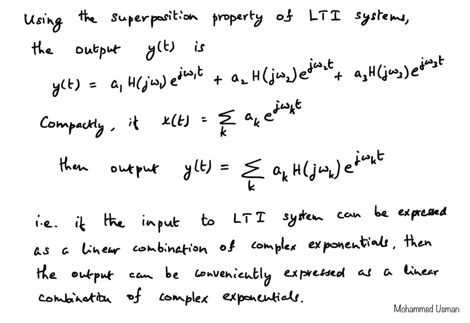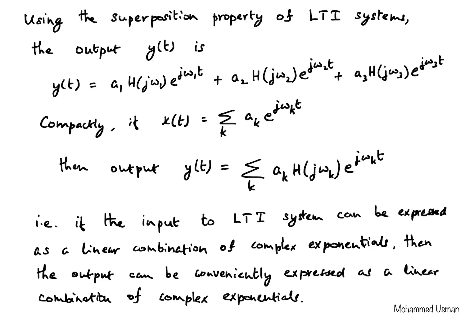If you had more terms, you would have a4, a5, and so on. Correspondingly, the output will be the summation of these terms: a1 H of j omega 1 e power j omega 1t plus a2 H of j omega 2 e power j omega 2t, and so on and so forth for all the values of k that are relevant to the signal.